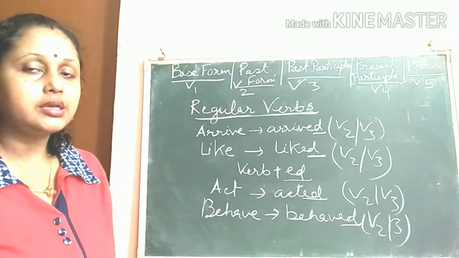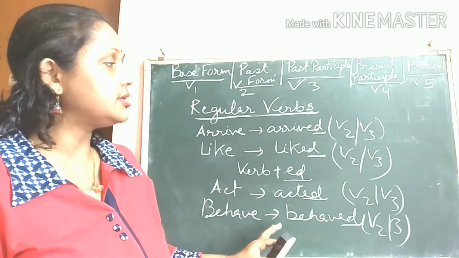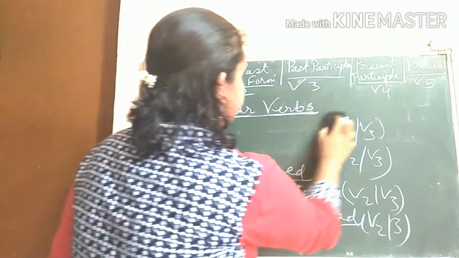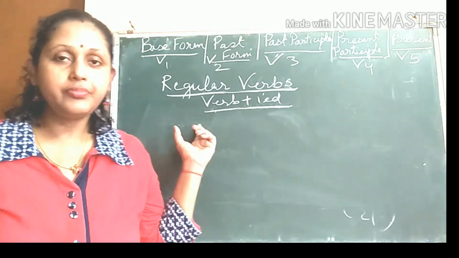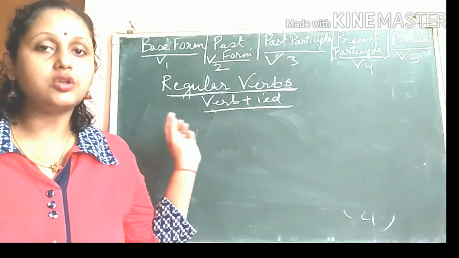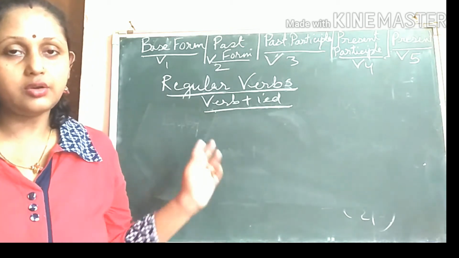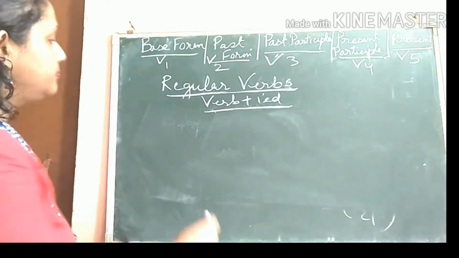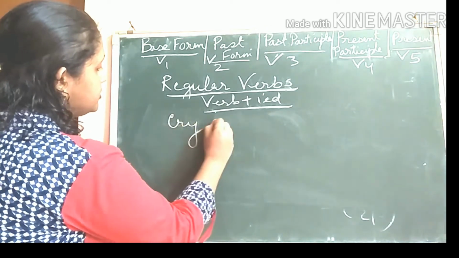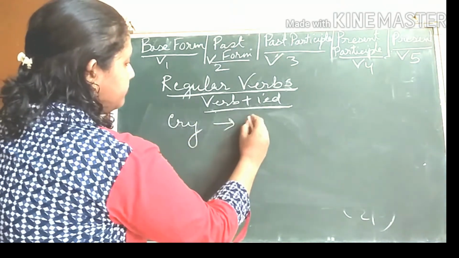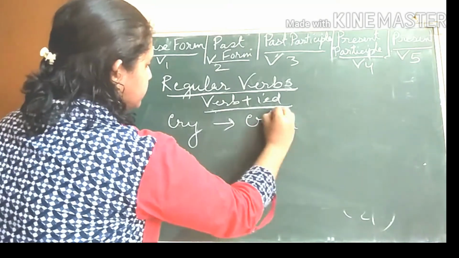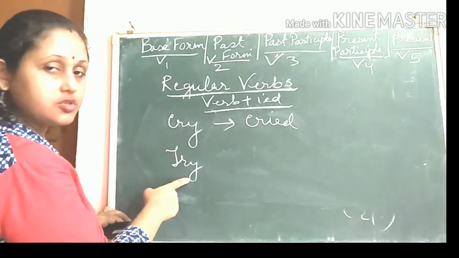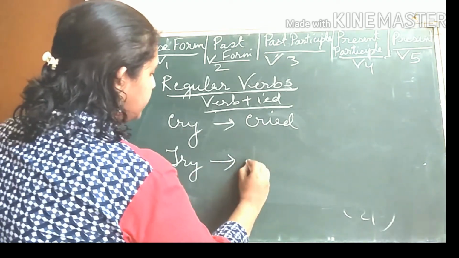Now let's have a look at the verbs that take ied form. Suppose in a base verb, the last letter is a consonant and that consonant is y, then that verb takes ied form. For example, cry will be cried. Try is the base form ending with the consonant y, it will be tried.